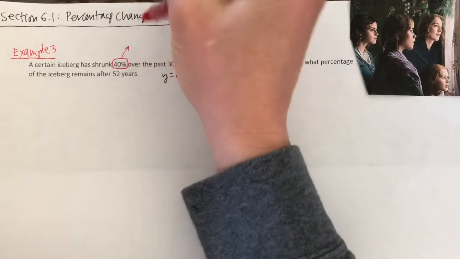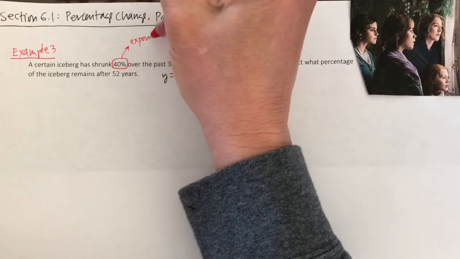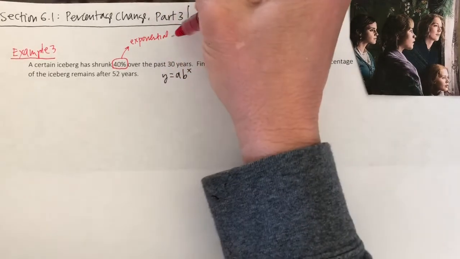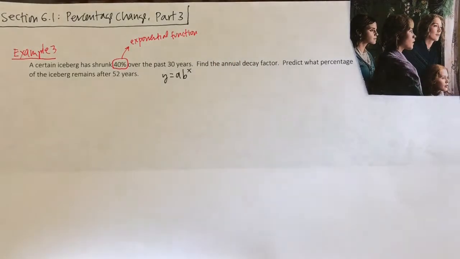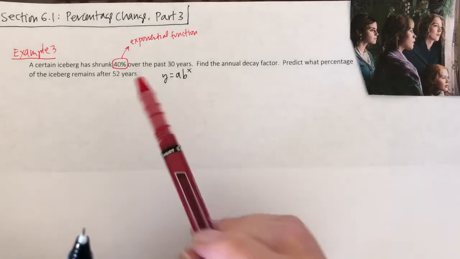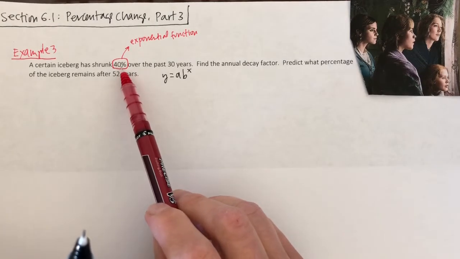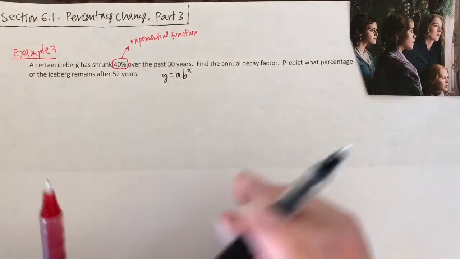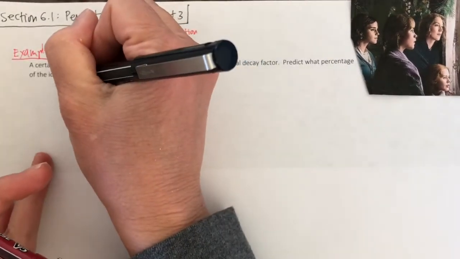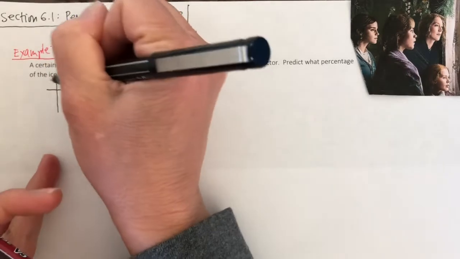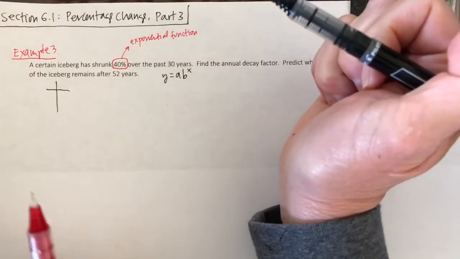This tells me that we're dealing with an exponential function, if it's changing by a certain percentage every certain period of time. But that's not even really our annual percentage rate. It's over 30 years. So when I'm stuck like this, I'm just going to draw a table and write out what I know.